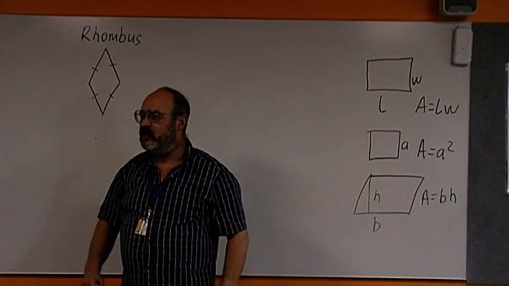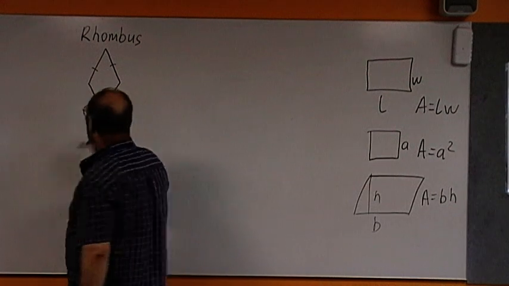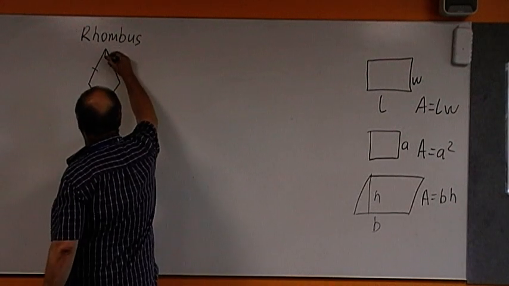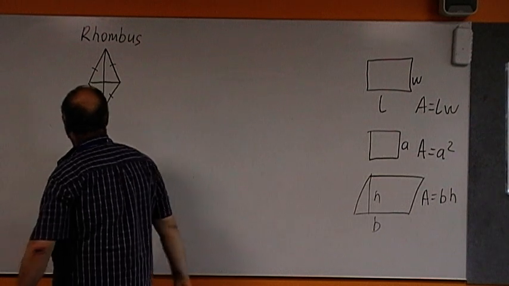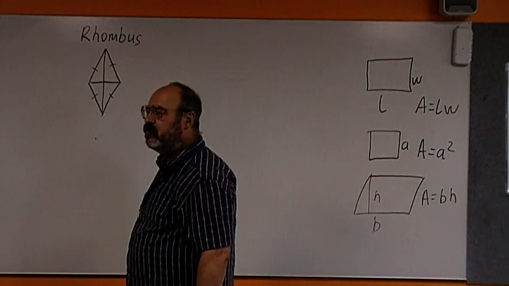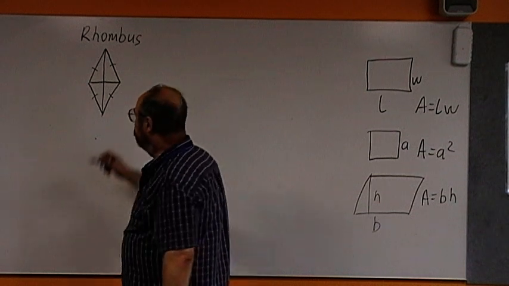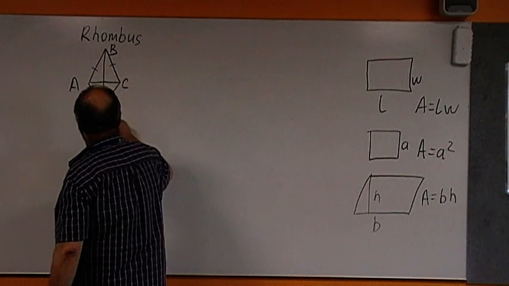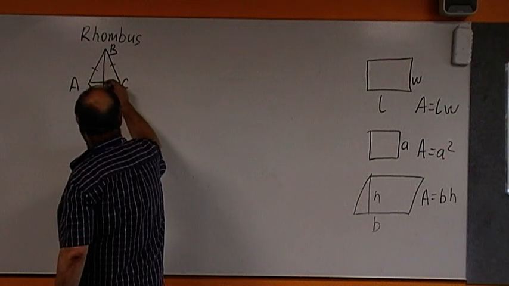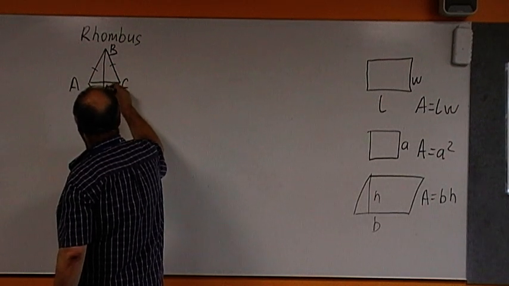The line connecting opposite vertices, from one vertex to another. So we draw two diagonals. Let's put some letters to make it easier: A, B, C, D, and the point where they cross we will call M.